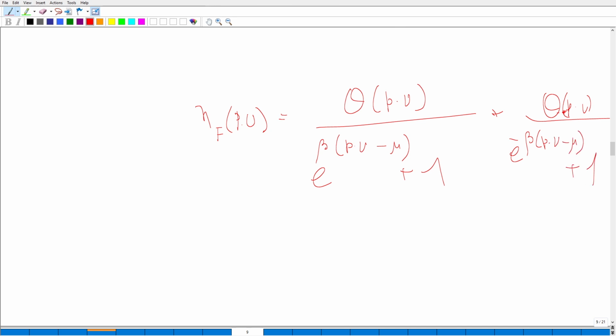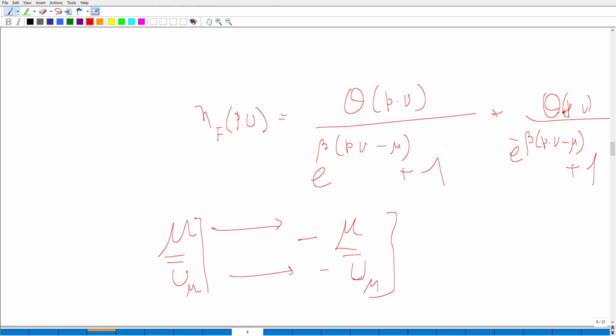Not just that, you can now define a charge conjugation operation which takes particles to antiparticles, mu going to minus mu, and to keep the structure of the statistical factors the same, you also must have u mu going to minus u mu. So, simultaneous change of these two should give you a neutral effect on the distribution function or the statistical factor.